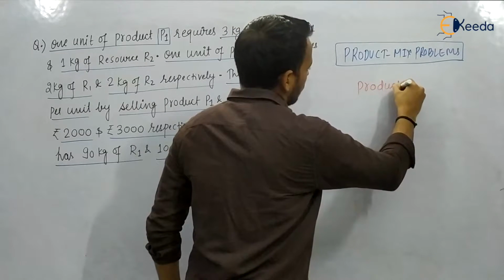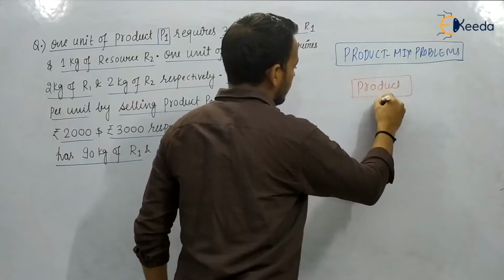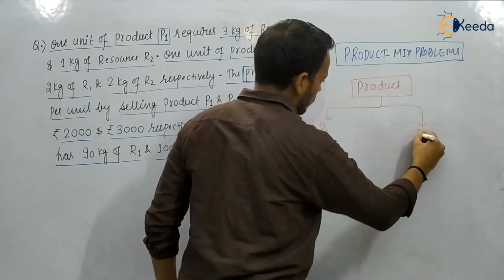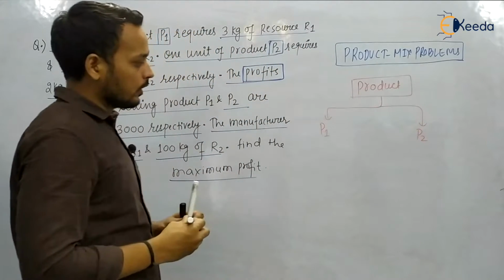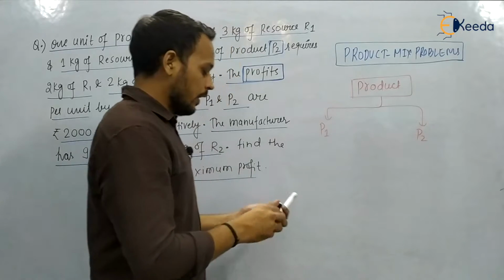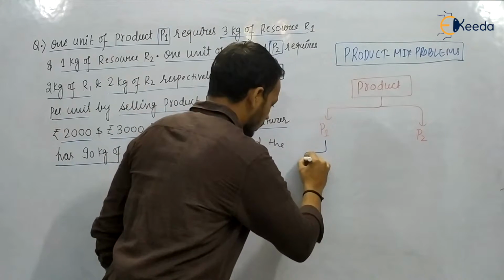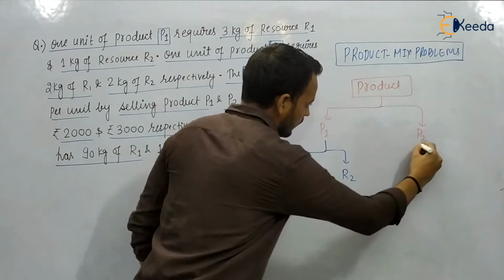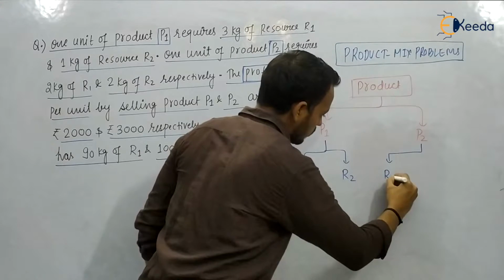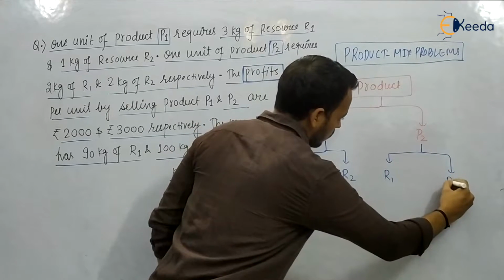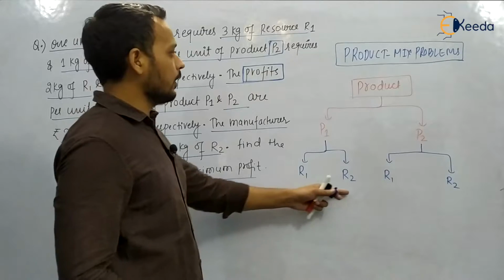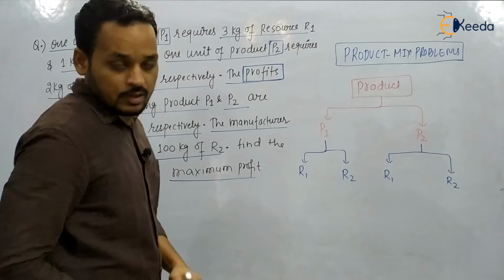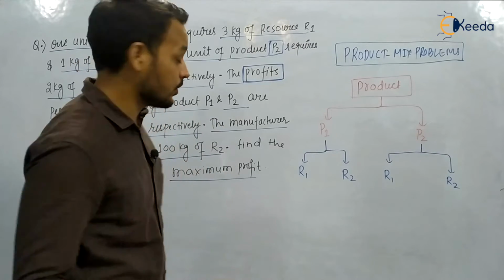In this type of product mix problem, you have to make the products. We have two products, P1 and P2, and to make each of them we have resources R1 and R2. R1 and R2 are the resources, and resources are always limited in nature.